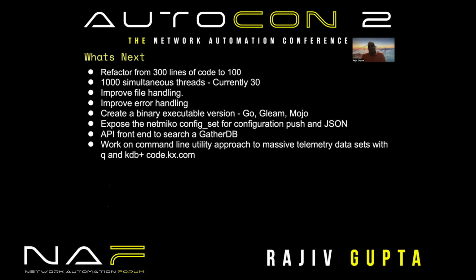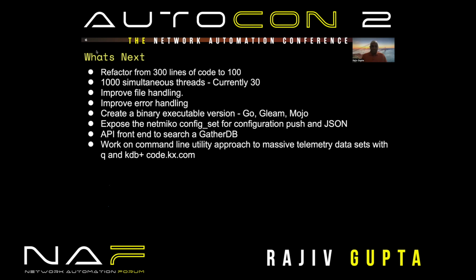So what's next? I would like to refactor down to 100 lines of code from 300 lines of code. And the reason I call this out is I think it's important to always try to subtract, become more simple, refine your code, make it less complex.